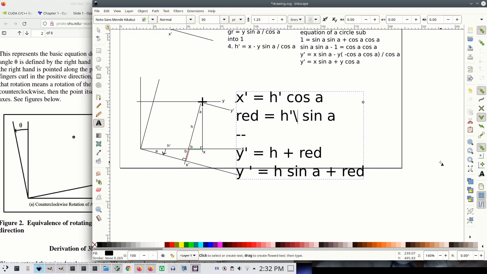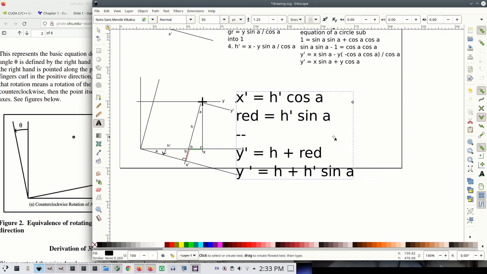I keep doing that. Now y prime is this h length plus that red line, and we have an equation for the red line. So we got y prime equals h plus h prime sine A.